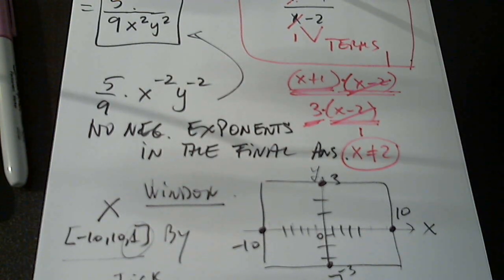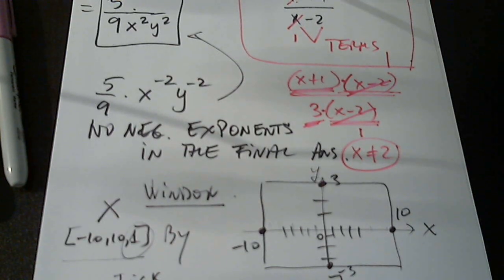And I like the standard viewing window. The standard is in zoom, and I want standard. Standard is the -10, 10, -10, 10. That's what the standard is. And I press enter. Graph it for me. Here it is.